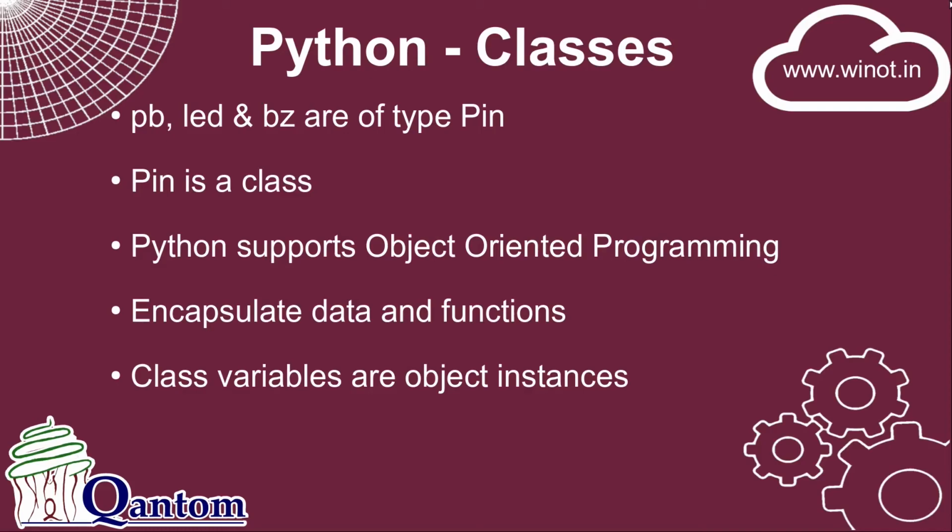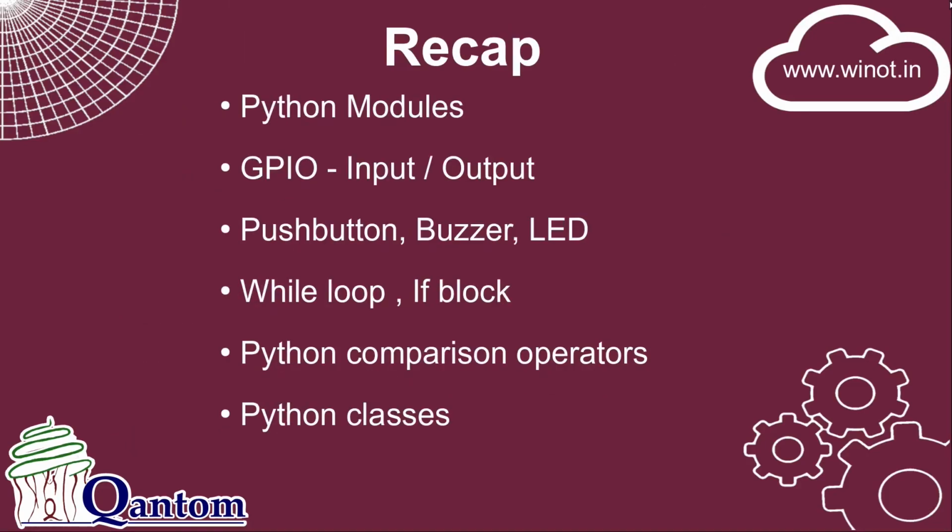In most OOPS languages, the functions of the class are called methods, while the variables are called fields. You can invoke the public methods and fields by using the dot notation. Example, led.on, buzzer.off, etc.